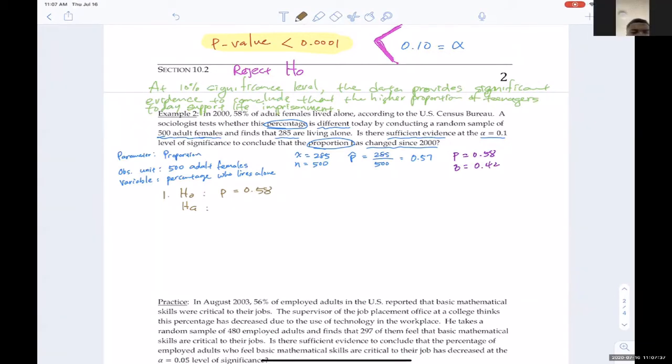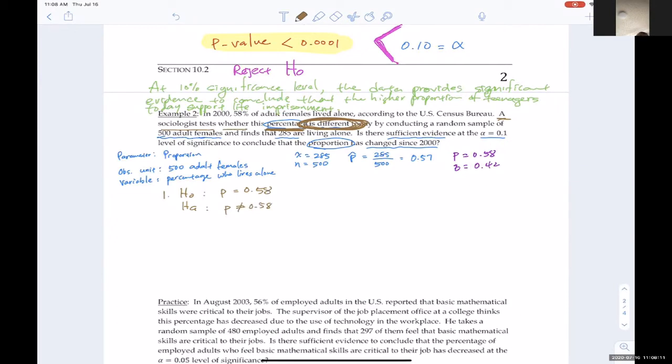What are we claiming? We want a sociologist to test whether the percentage is what? Different. What do you mean by different? It's not equal to. So, not equal to.